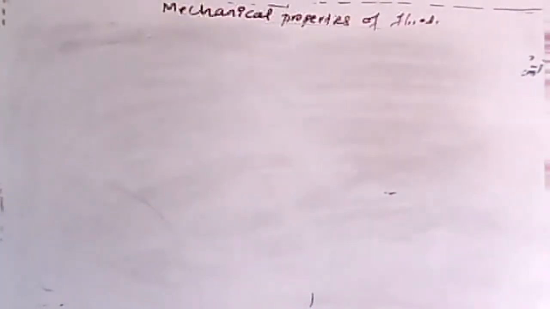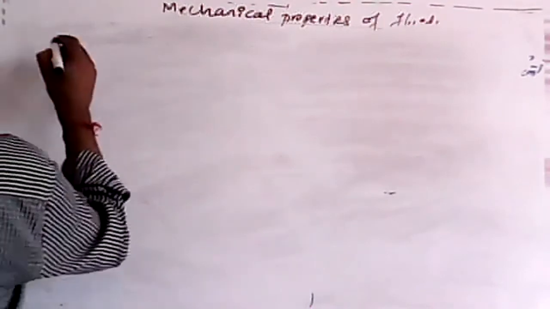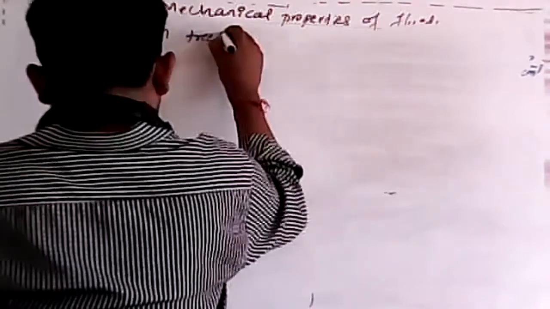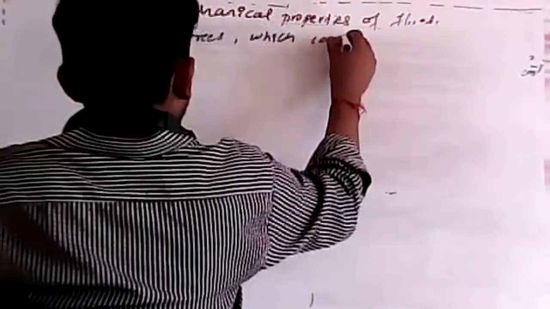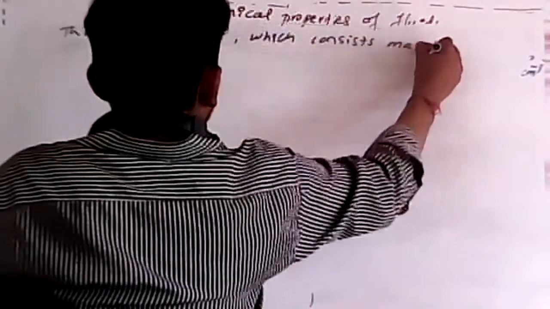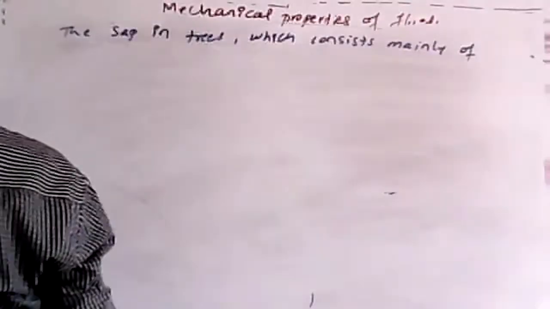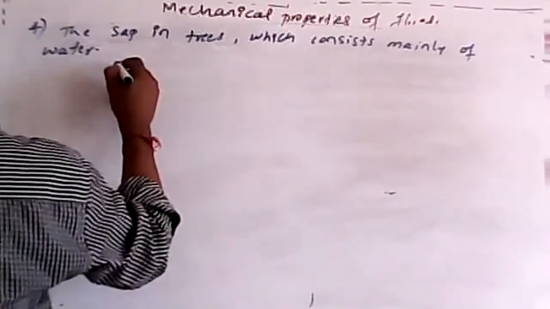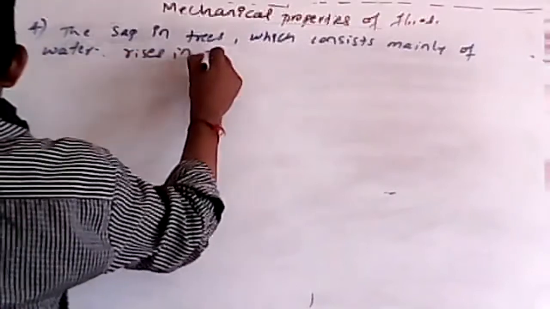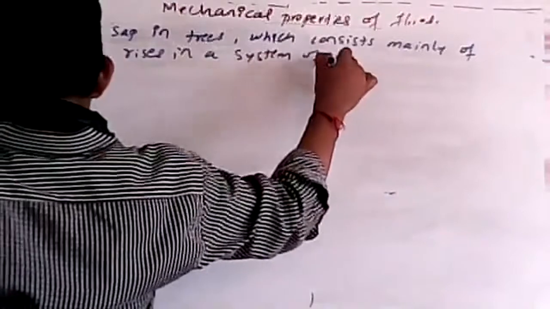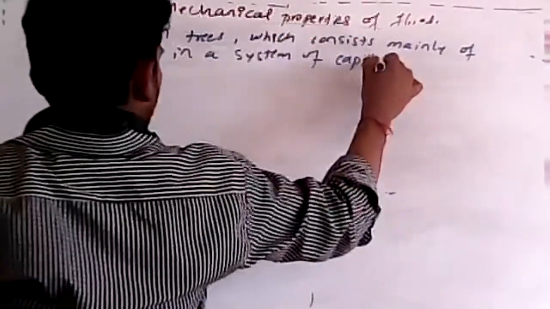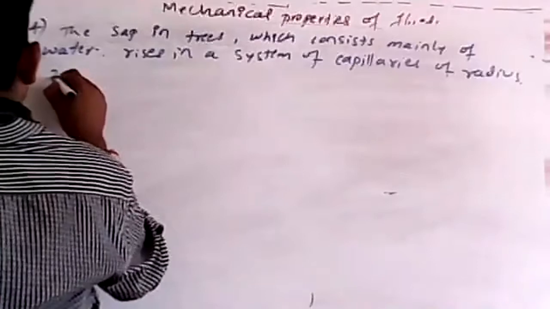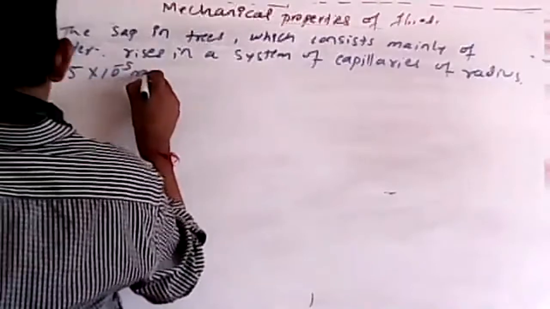Next problem. The sap in trees, which consist mainly of water, rises in a system of capillaries of radius 2.5 into 10 raised to minus 5 meter.